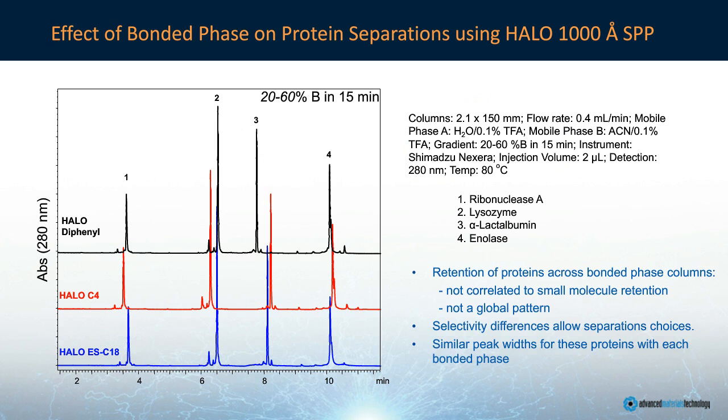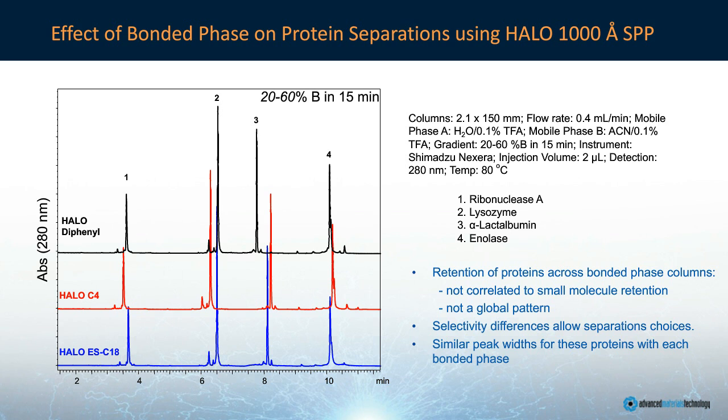So in this example of a separation of 4 proteins done on 3 different phases for the 1,000 angstrom superficially porous particle, it's important to note that the retention of these proteins across the bonded phases may not correlate to small molecule retention, and there is no global pattern to be observed.